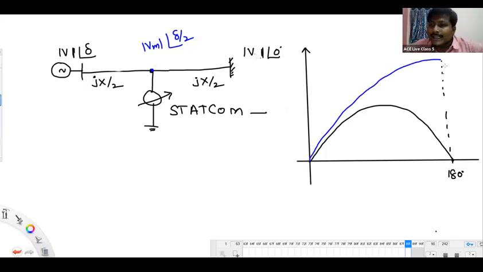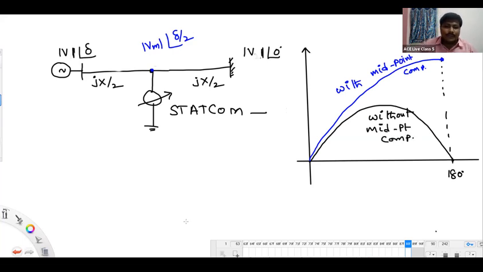So 180 degree is the angle at which we are going to touch the maximum power transfer. This is the power angle curve with midpoint compensation, and this blue color curve is without midpoint compensation. Have you understood this one? Clear?